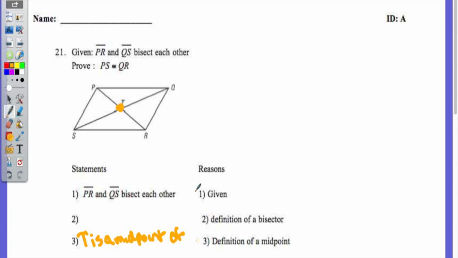PR and QS. Now, because they're bisecting, PT is congruent to RT. And ST is congruent to QT.